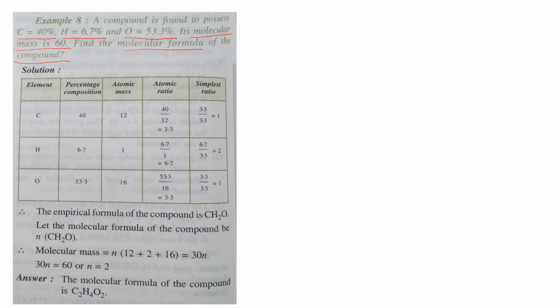Whatever we have done for finding out the empirical formula, the same thing we'll do here. That is, elements, percentage composition, atomic mass, find the atomic ratio by dividing these two, and then the simplest ratio by dividing with the smallest number. So we are getting carbon to hydrogen to oxygen in the ratio 1:2:1.